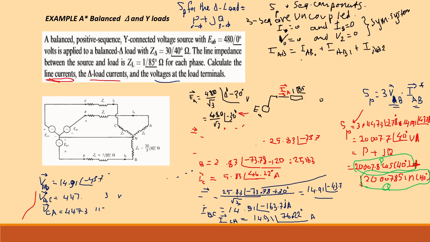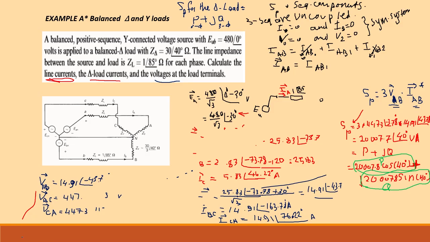The zero and negative sequence quantities are 0, so IAB is equal to IAB1 in this case.